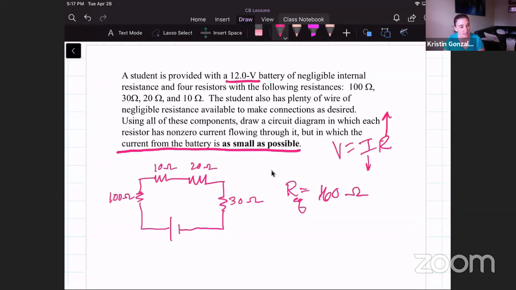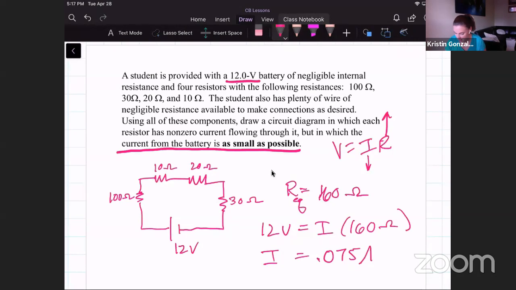We could find what that current is from the battery because it's a 12-volt battery. And if we did 12 divided by that 160, we get 0.075 amps. Okay, small amount of current.